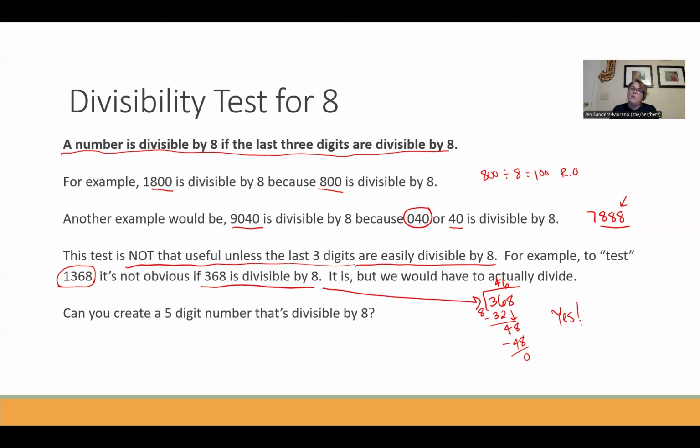Okay, so what does this mean then moving forward for this divisibility test for 8? Well, what I'll say is I would focus as a teacher on numbers that were obviously multiples of 8 for those last three digits. So the last three digits could be any sort of multiplication fact from our times table, and you could have a 0 in there.